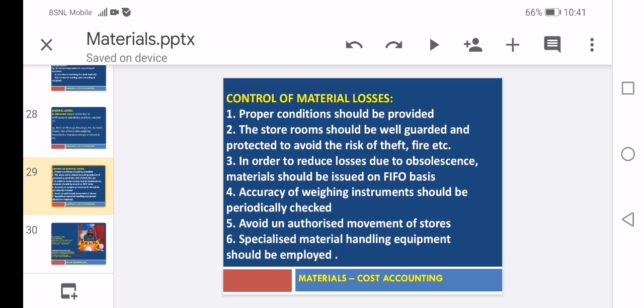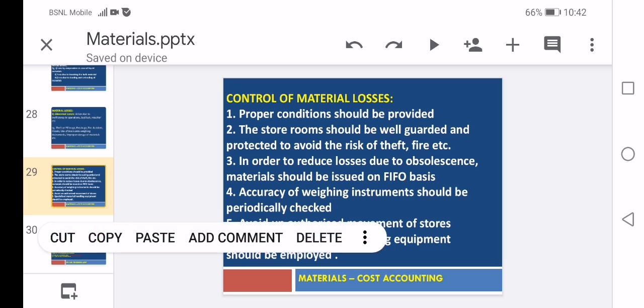Maybe a fire extinguisher, or if the product nature is evaporative, appropriate equipment. If the material is related to confectionery, again there you need proper conditions. Conditions can be temperature, like below 10 degrees or above 40 degrees, required for certain products or materials, so that you can minimize the loss due to the nature of the product.